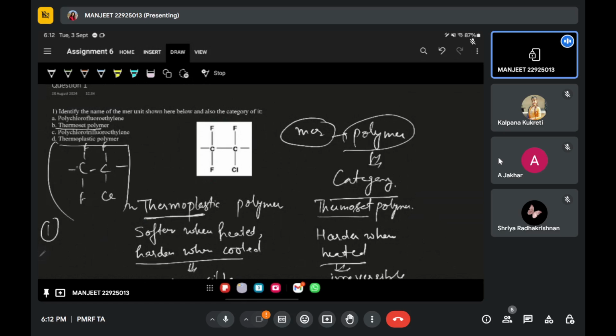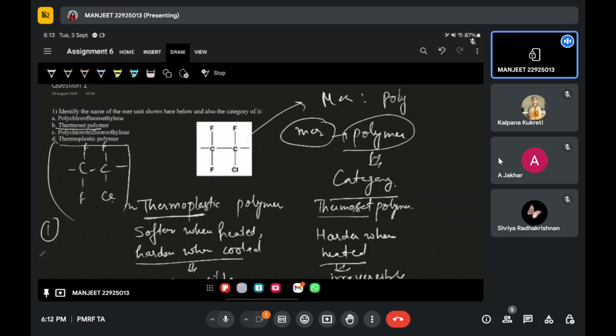We have trifluoro and one chlorine, so chloro and trifluoro, and because of the double bond between the carbons, ethylene.